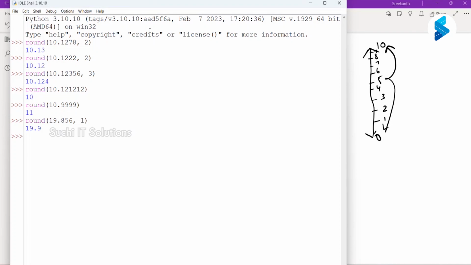The round function always rounds the number to the nearest value. Round is a function used to round the number to a given precision in decimal digits. The default is 0. If you don't give any decimal point, then it will return an integer.